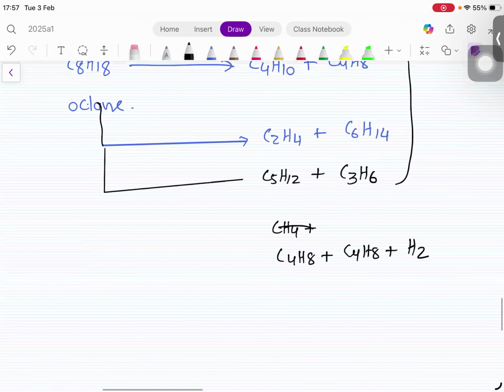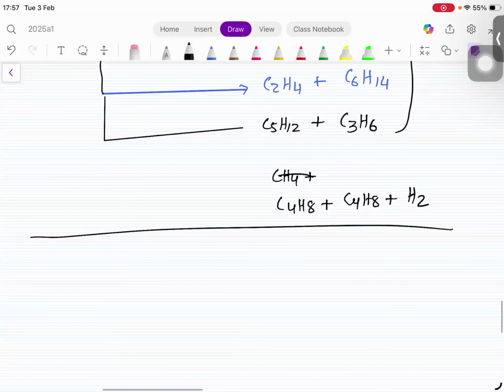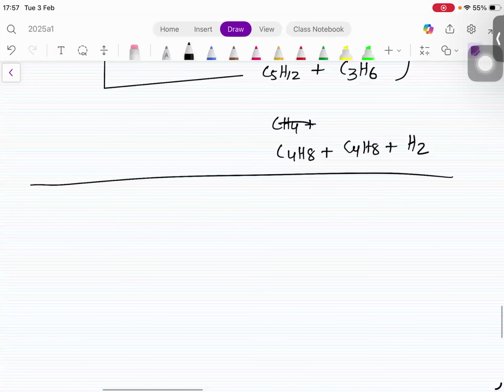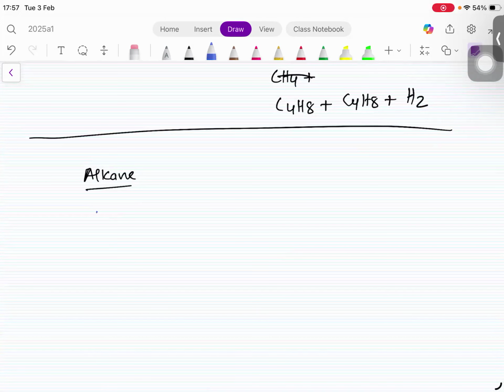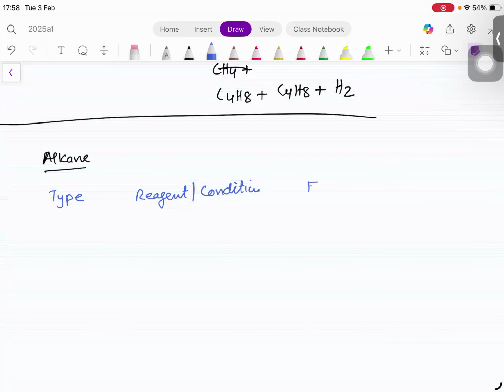So these are all three reactions of alkane. So listen, everybody, you have to draw this table now in your homework, of what we did, the reactions of alkane. So please write down, copy this first. Alkane, and now you have to make a table with headings: type, reagent, condition, and equation.